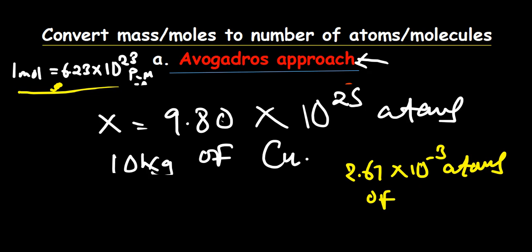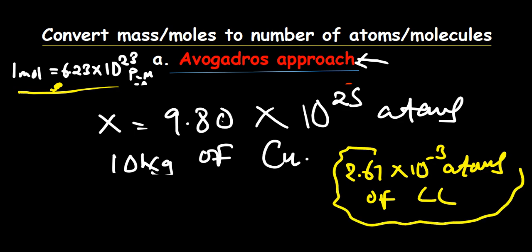So we have these atoms of chlorine, and you are asked to find the mass of this. What do you think we should do?